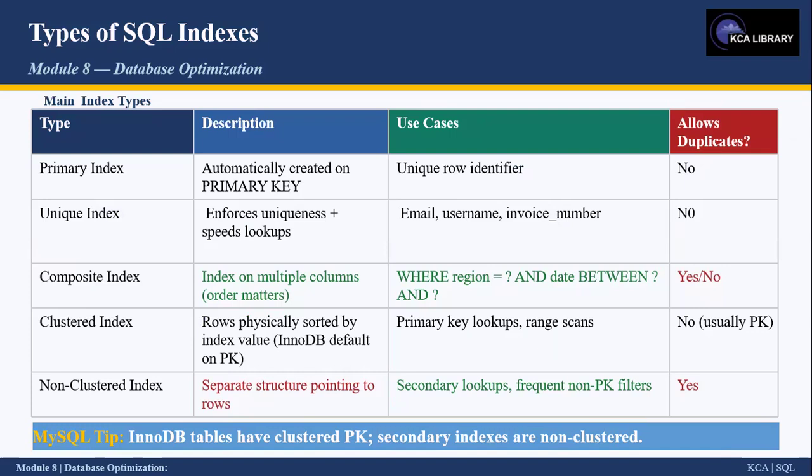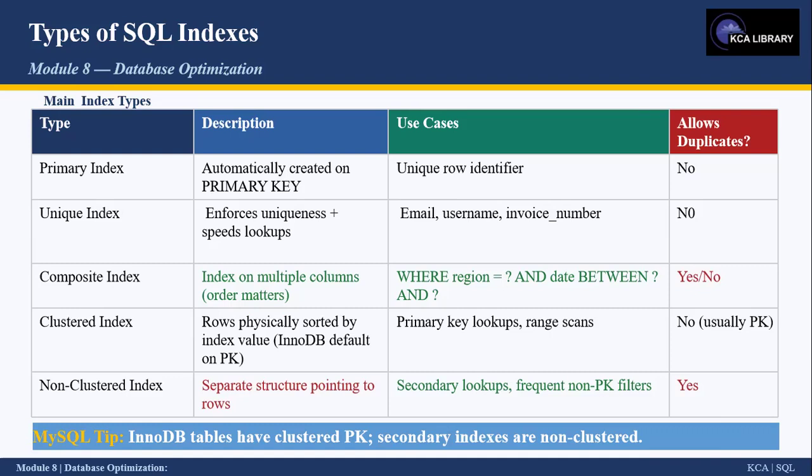Types of SQL indexes. There are several important types of indexes. The primary index is automatically created on the primary key. It uniquely identifies every row. A unique index enforces uniqueness and speeds up lookups, for example on email. A composite index is an index on multiple columns, and the order of columns matters a lot.